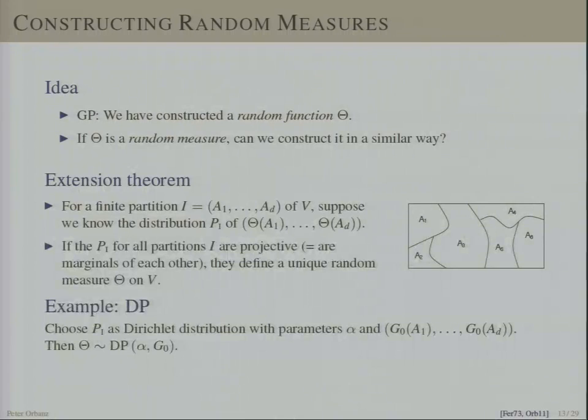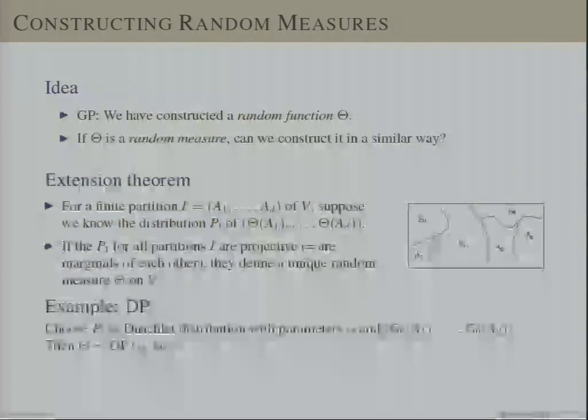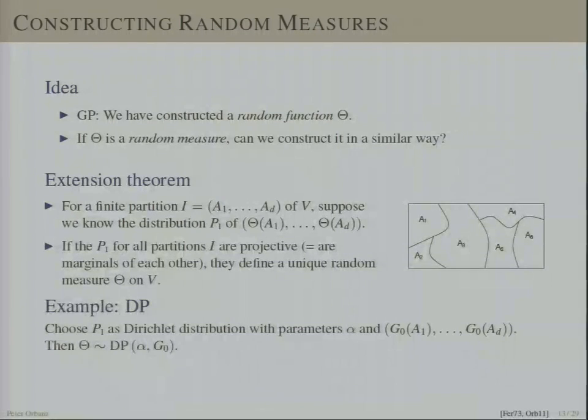And then the second parameter of the Dirichlet distribution is an expectation, which is also a probability vector. How do we choose that expectation? Well, we take these sets and plug them not into this random measure, but into this parameter measure. We get a vector, and we use that as the expectation parameter of the Dirichlet distribution. If you define your Dirichlet distributions in this way, then it turns out that they automatically have the coherence property that you need, and then the model that you get out is the Dirichlet process.